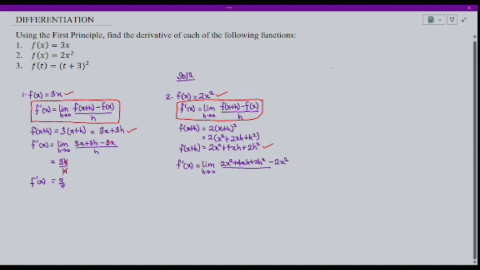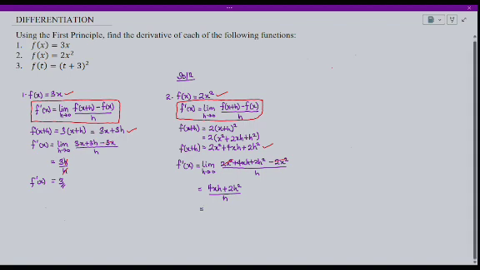All this divided by our small change, which is h. So positive 2x squared and then negative 2x squared becomes 0, right? So we have 4xh plus 2h squared, all divided by h. And mind you, this is still with the limit as h approaches 0.